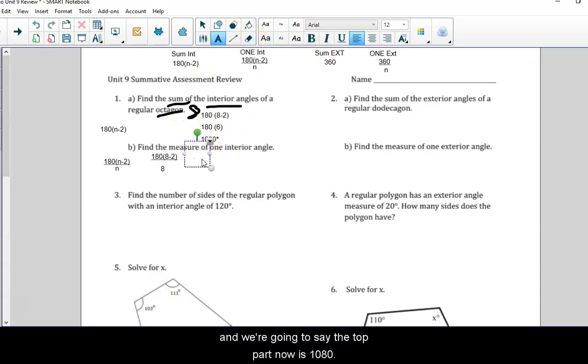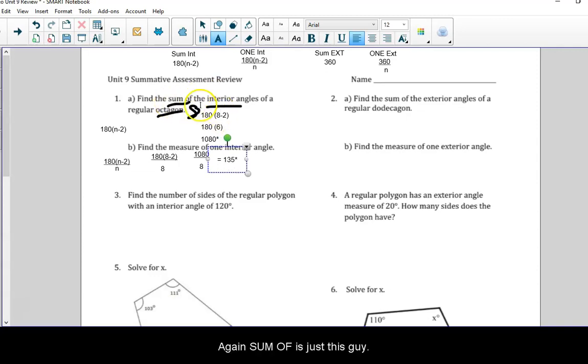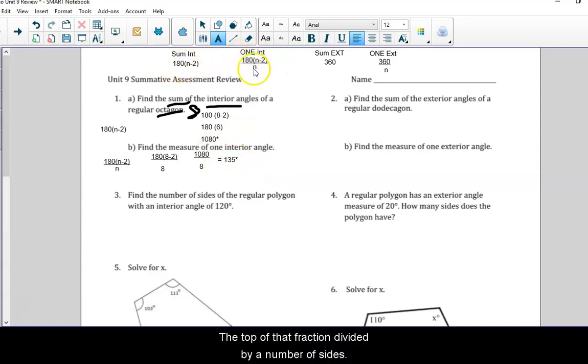The top part now is 1080, and that's going to be divided by 8, which equals 135 degrees. There you go. So again, sum of is just this guy. One interior is the top of that fraction divided by the number of sides.